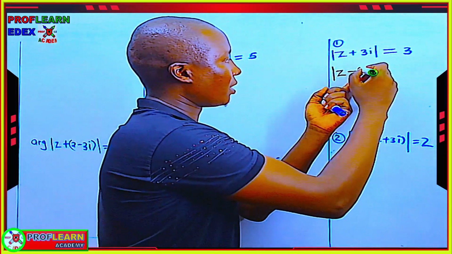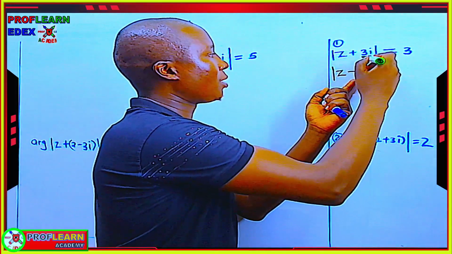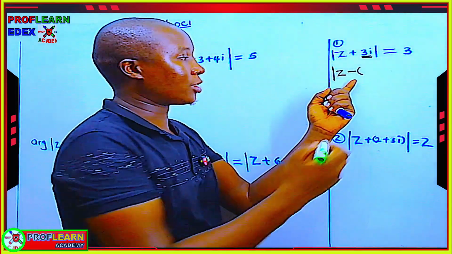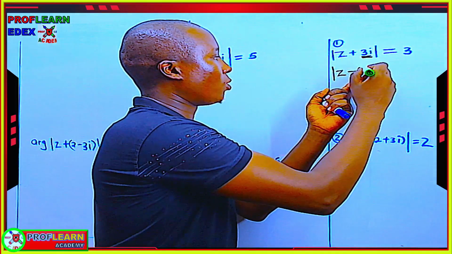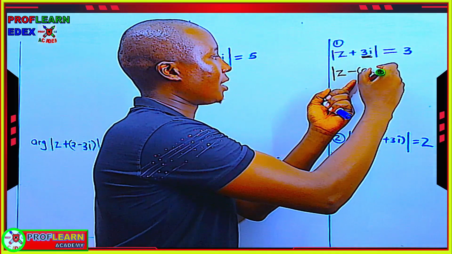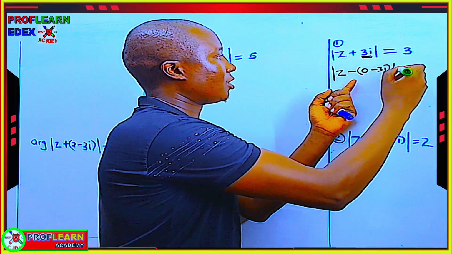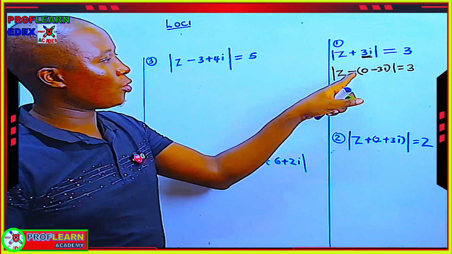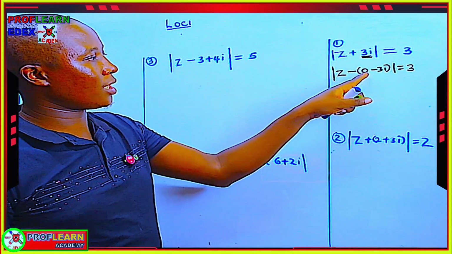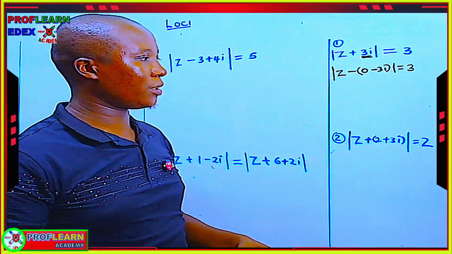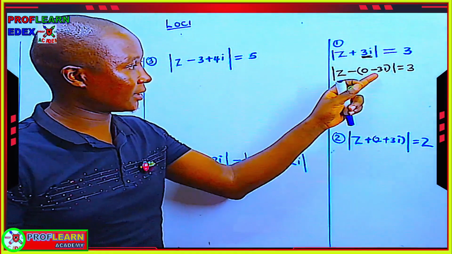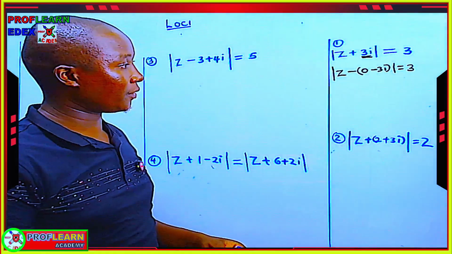This is 0 because it is a purely imaginary number, meaning the real part here was 0, and then minus 3i is equal to 3, so that if you open the bracket it will be positive 3.